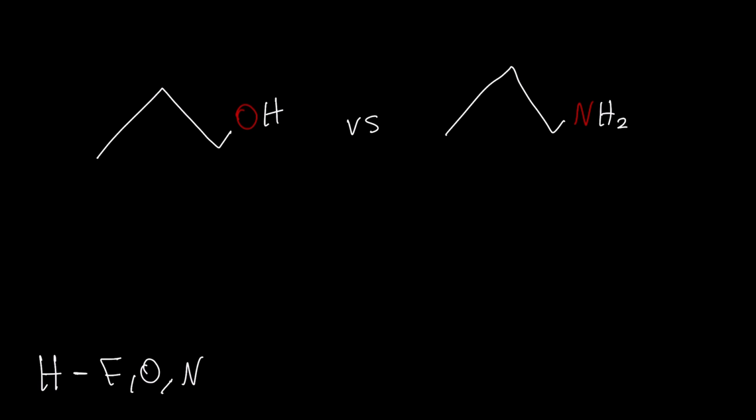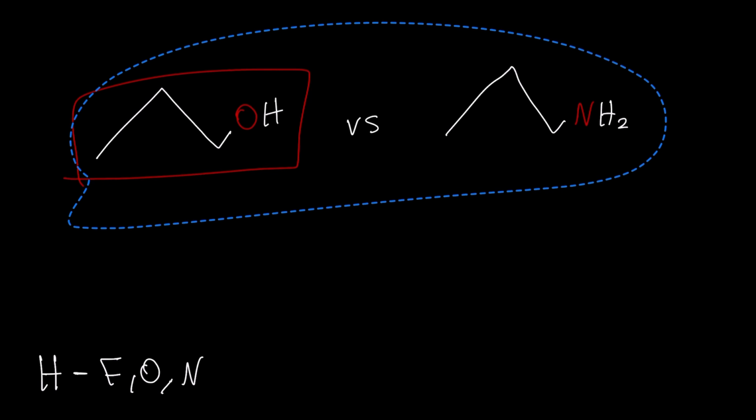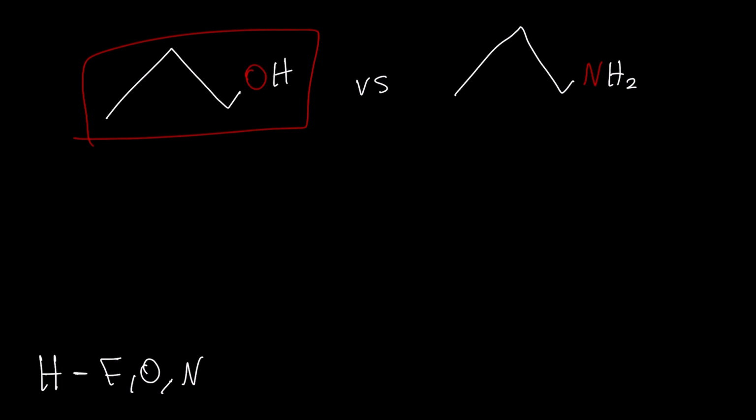But why does the alcohol have the higher boiling point? It's because when you look at the OH bond, oxygen's electronegativity is 3.5 and hydrogen's is 2.1. So the electronegativity difference is going to be equal to 1.4.